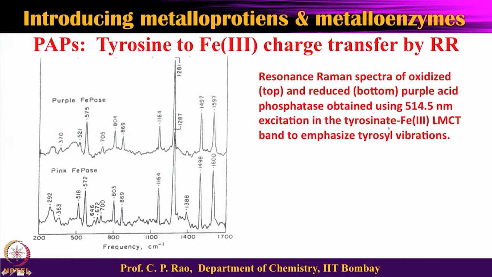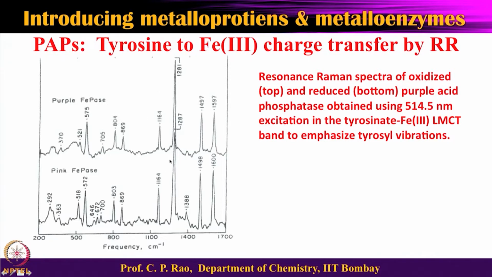From the enhanced vibrational bands, you can find out the coupling that is there between the tyrosine and the neighboring iron. So, that is what is basically done in this case. The purple acid phosphatase and the pink iron phosphatase are all seen, as you can see. The bands corresponding to the vibrations in that vicinity are identified to be the enhanced ones.